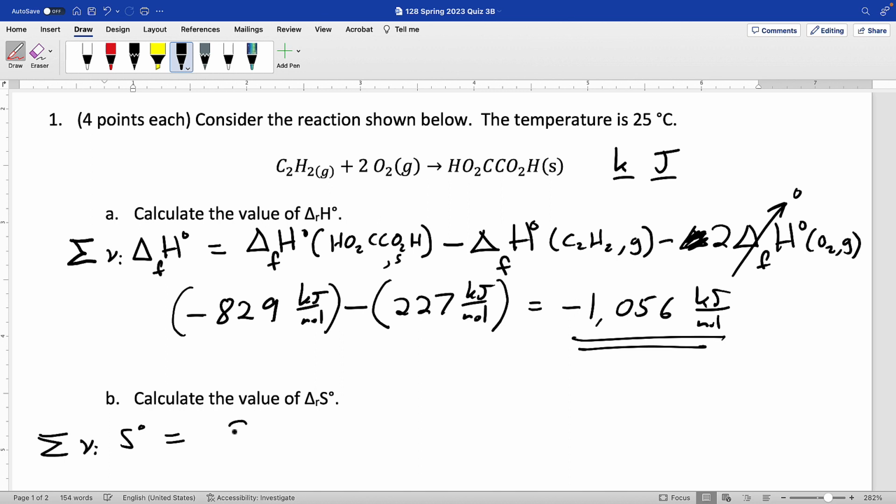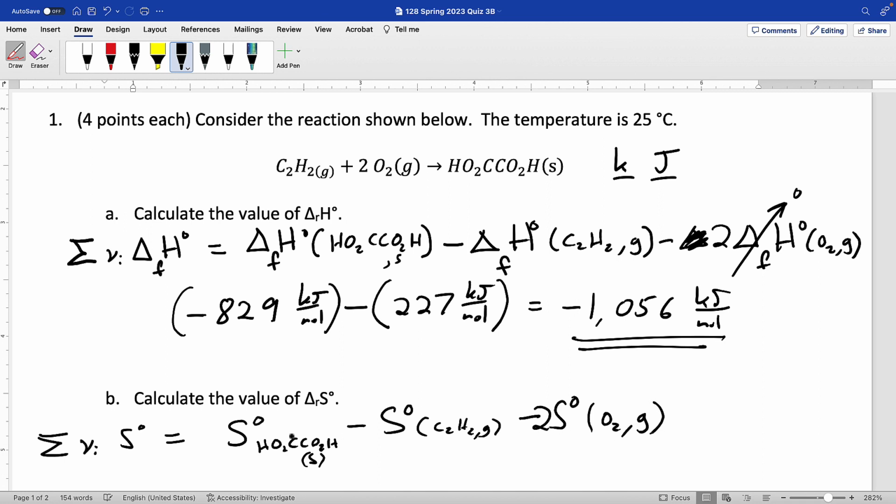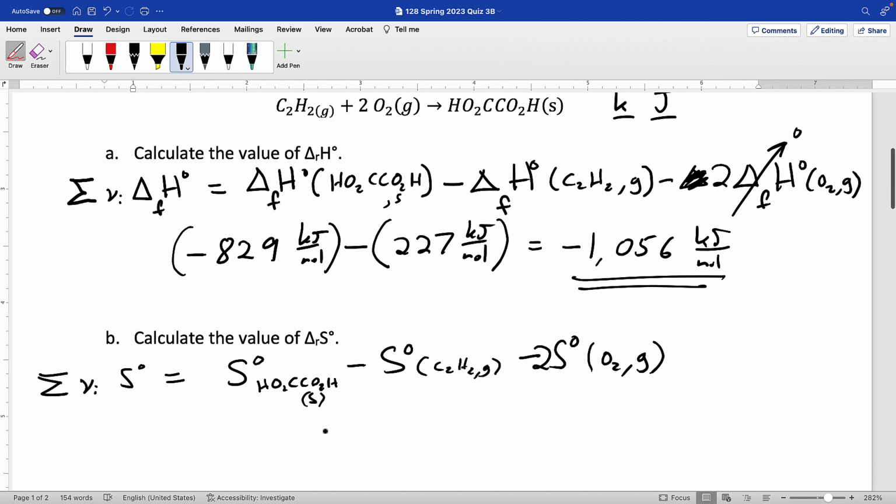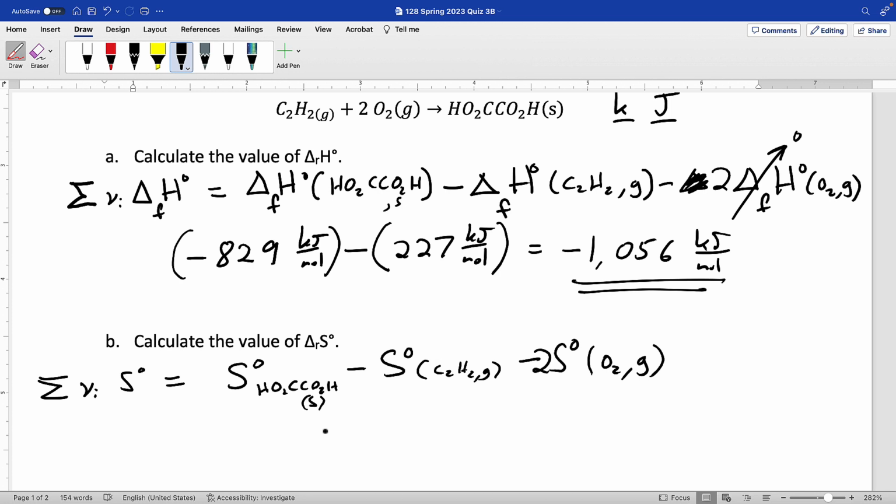When we add this up, we have the standard entropy of oxalic acid solid minus the standard entropy of ethylene gas and twice the molar entropy of oxygen gas. Notice these aren't delta S's, these are S's, the actual entropy of the substance. The entropy of oxygen gas is not 0, so it's not like a heat of formation. You're going to have to include it.